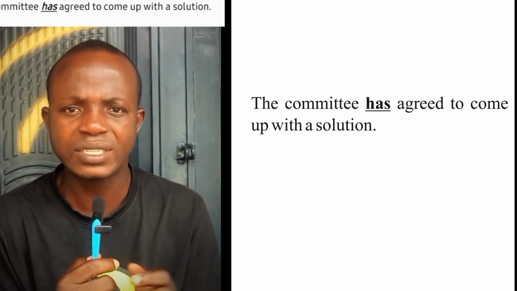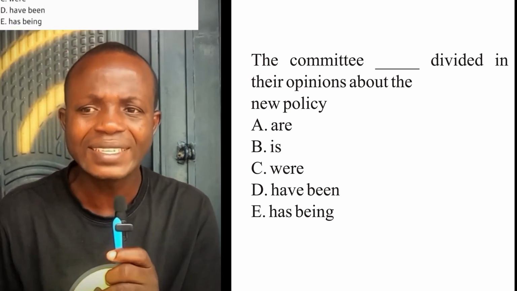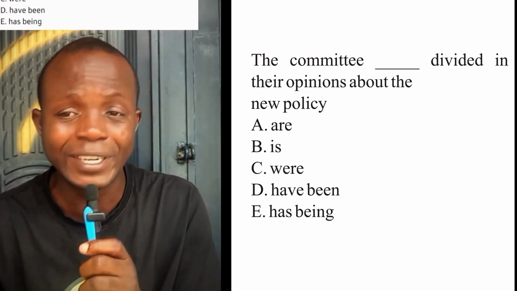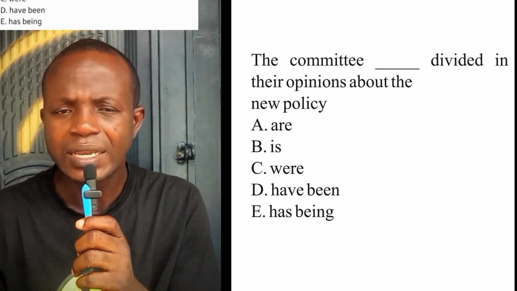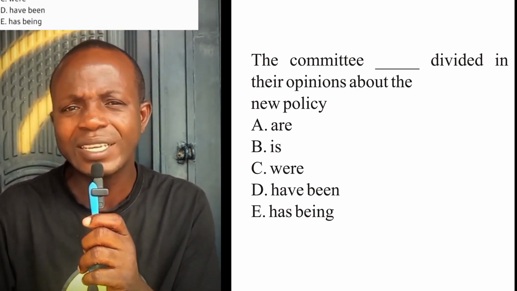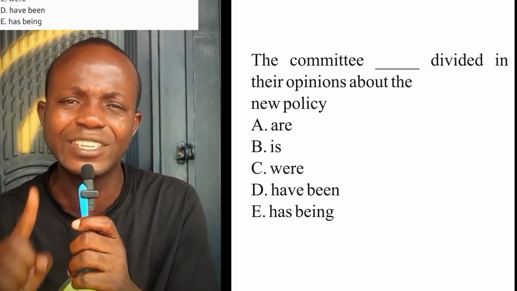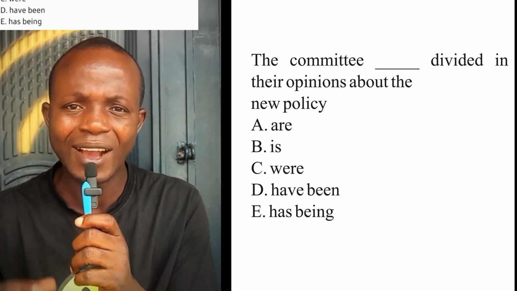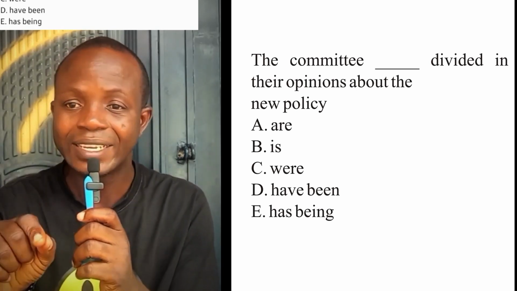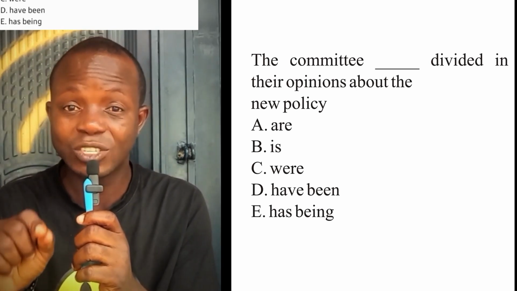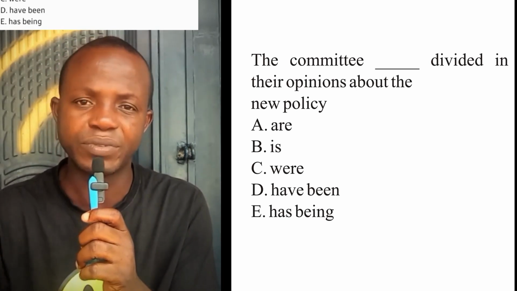Now let's come back to the sentence given. The committee divided in their opinions about the new policy. In this case, it shows that the committee is no longer acting as a unit. They are now divided. For this reason, the answer is going to be a plural verb.